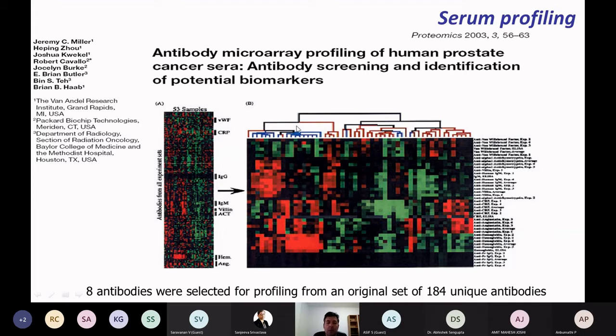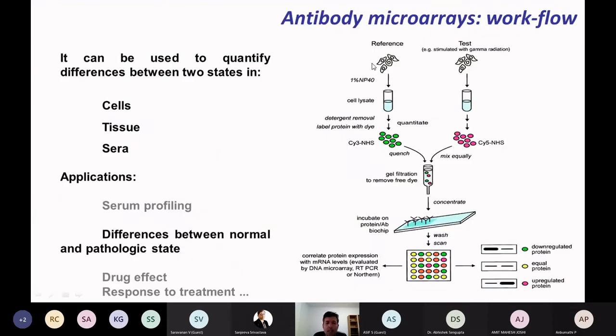And 8 antibodies demonstrated a high reliability to discriminate between controls and patients. Just to acknowledge that this kind of antibody and protein microarray was developed early in the 2000s.